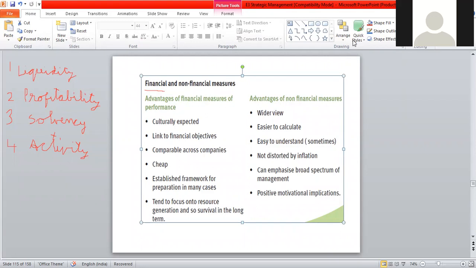But there are other measures also, which are non-financial measures, which also give a picture of the organization. They are easy to use and calculate, and can be understood by non-financial people. They cannot be distorted by inflation. They have a broader spectrum of management and positive motivational implications.